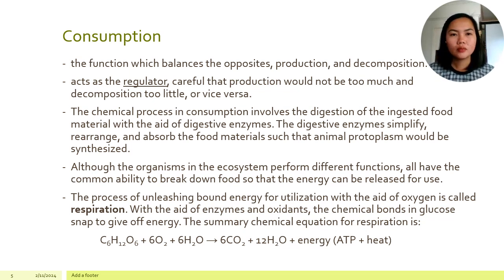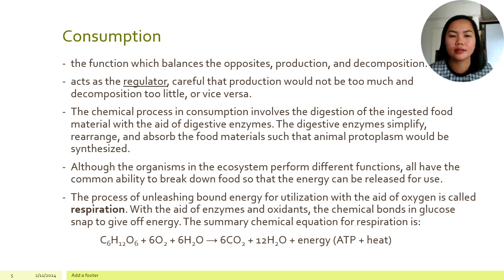Now, organisms in the ecosystem perform different functions. All have the common ability to break down food so that energy can be released for use. So in consumption, the main process here is to release energy, or to use energy.